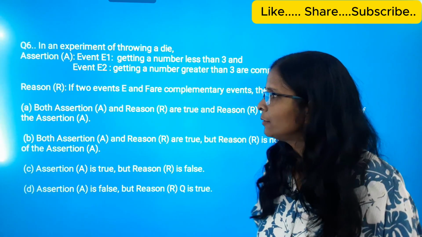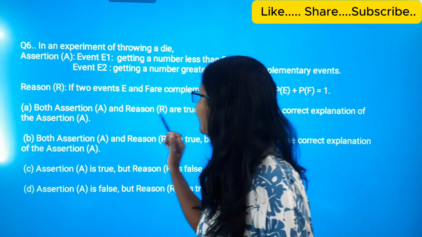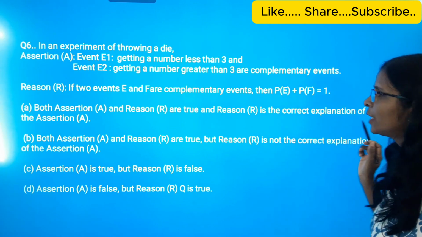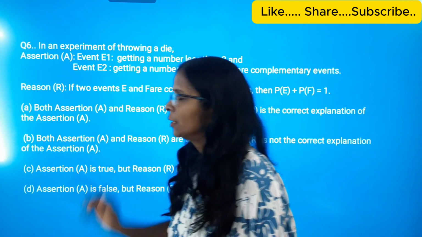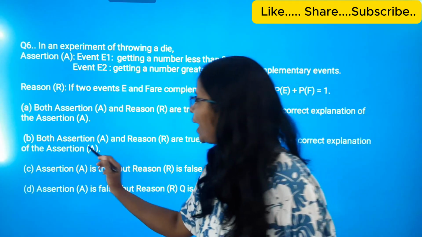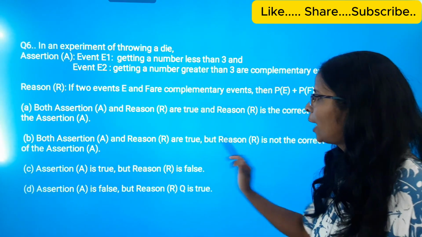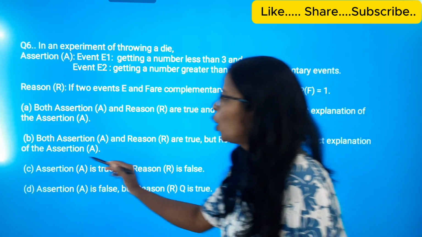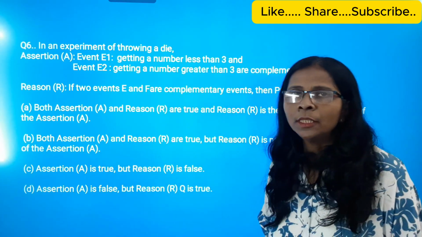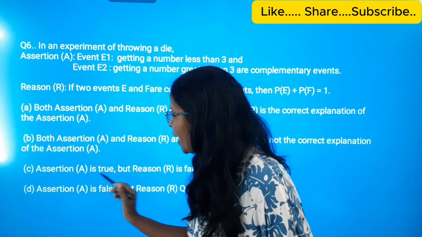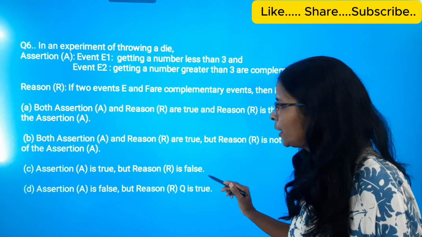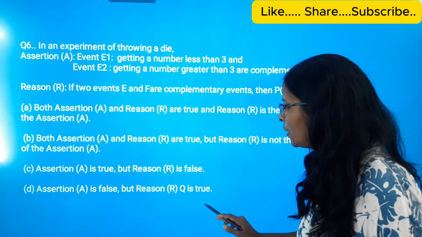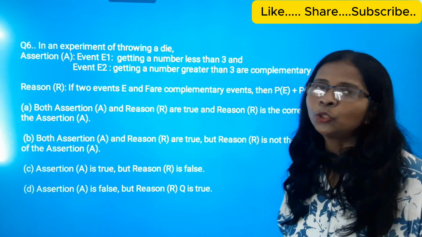The options are: A, both assertion A and reason R are true, and reason R is the correct explanation of the assertion A. Option B, both assertion A and reason R are true, but reason R is not the correct explanation of the assertion A. Option C, assertion A is true, but reason R is false. And D, assertion A is false, but the reason R is true.